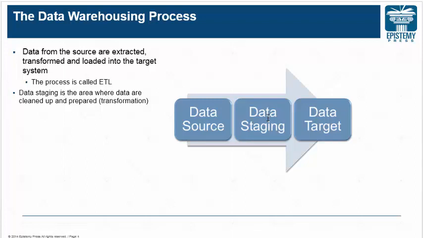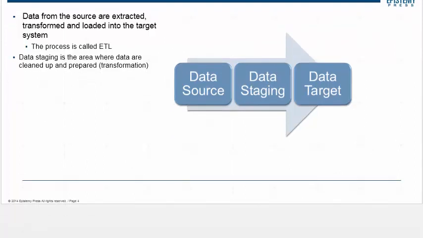So all of these inconsistencies need to be resolved, and that's what we call the transformation stage. And we transform everything into one standard format. Now the data is ready to be stored into an info cube. So we are loading the data into an info cube so that we can run the analysis on it.